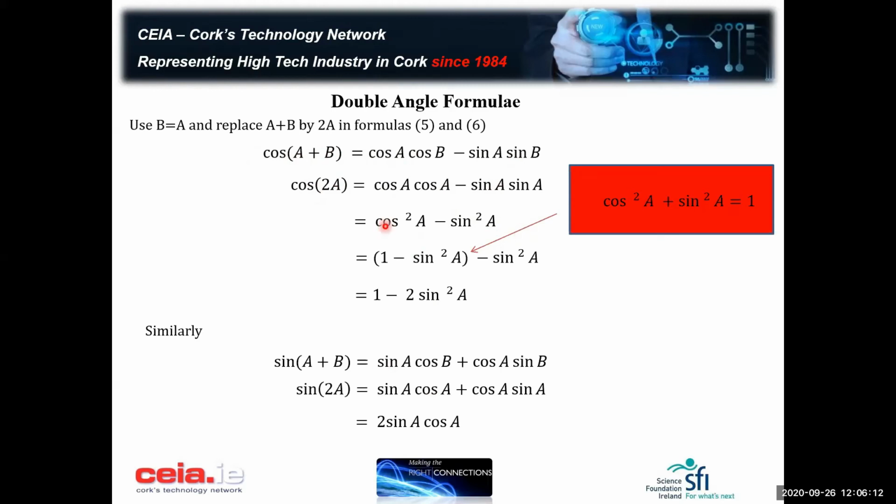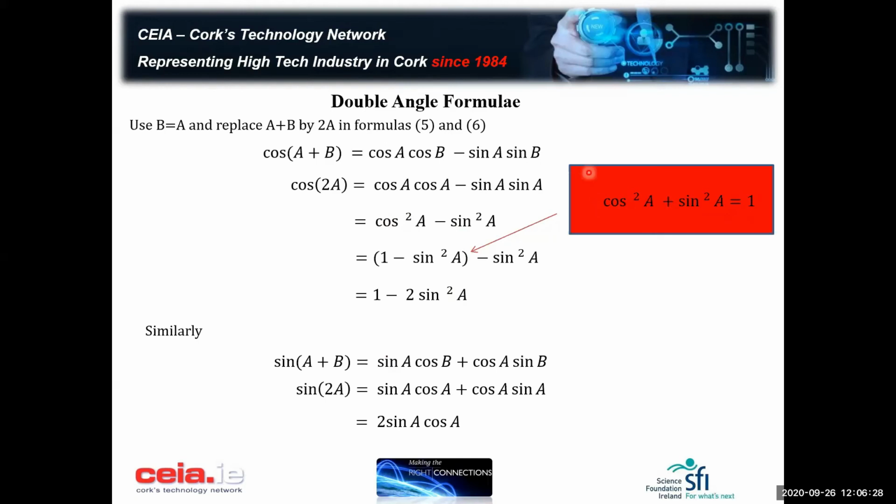However, you can simplify it further if you use this identity, cos squared A plus sine squared A equals 1.